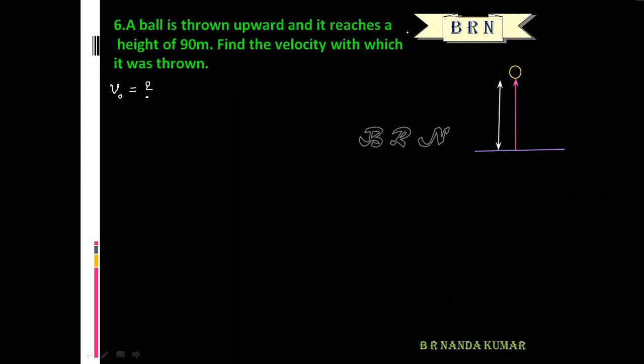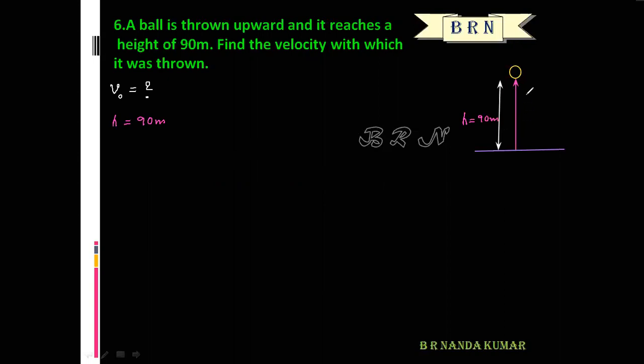What is given here? Height is given. How much? That is 90 meters. Look at this diagram. A ball is thrown upward. It will reach a height of 90 meters.